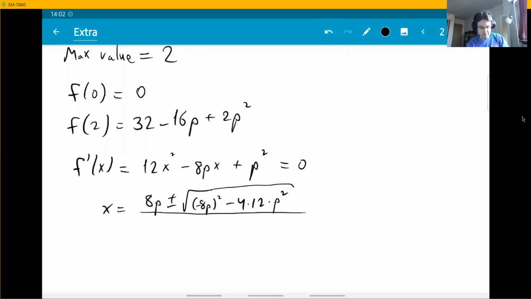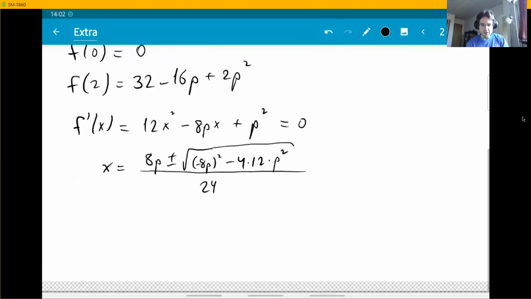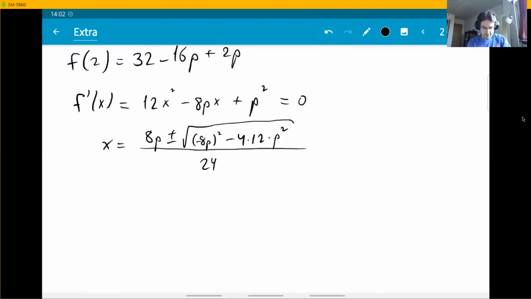The whole thing is divided by 2 times a, which is 24. Now calculate this. The square here will give you 64p squared, and then you're subtracting 48p squared. That leaves you with 16p squared, and the square root of that is 4p. So this simplifies a lot.